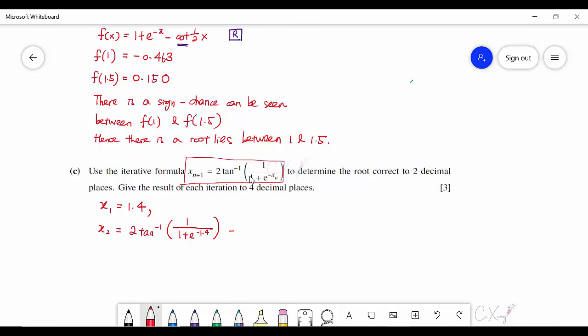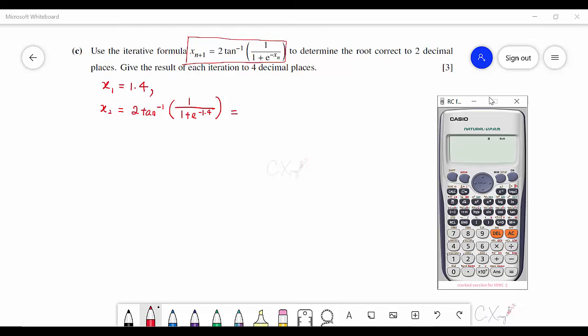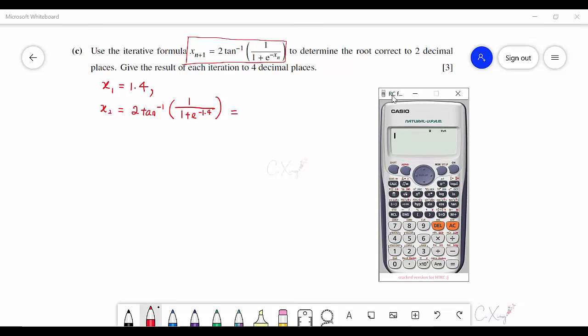Okay, then you should press the calculator and try to get the answer for this. You have to insert the equation first before you calculate the value. First of all, make sure that it is in the radian mode.